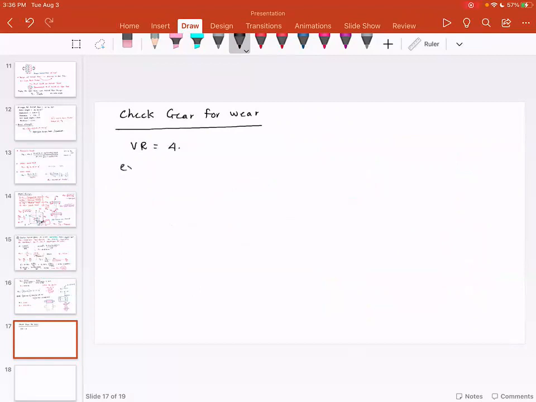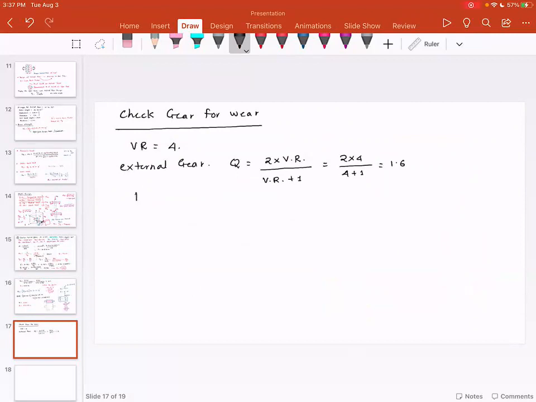Since it is an external gear, the value of Q is 2 times velocity ratio divided by velocity ratio plus 1, which is equal to 2 times 4 divided by 4 plus 1, that gives you 1.6.